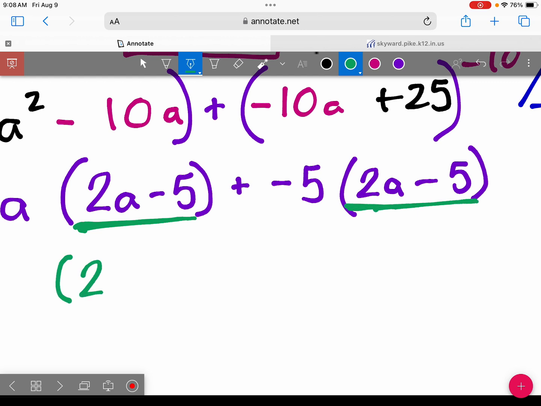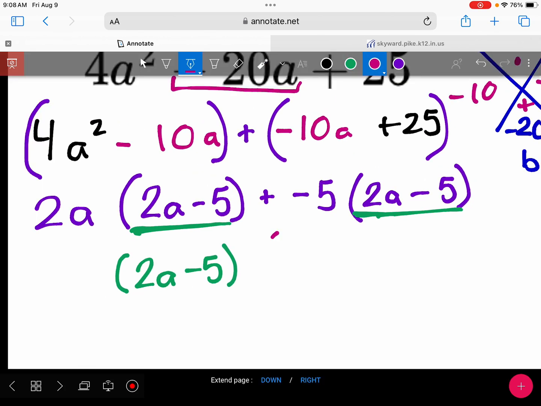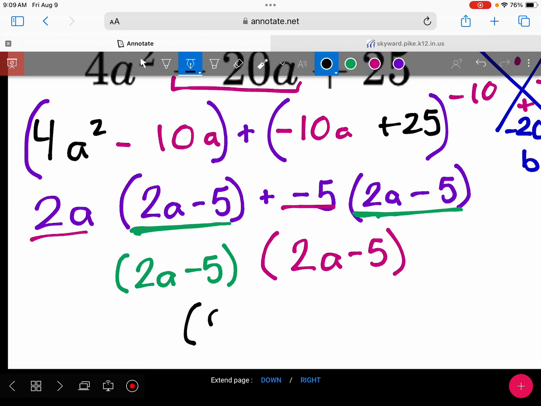So we have 2a minus 5, and then we put our leftover bits into one: 2a and minus 5. So what we have here is 2a minus 5 squared.